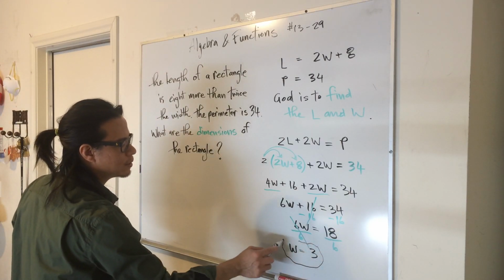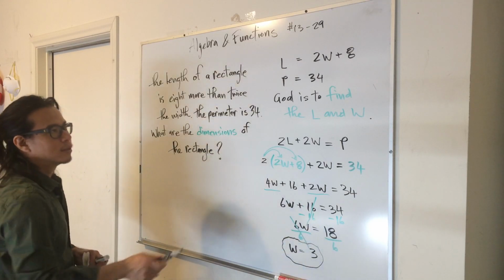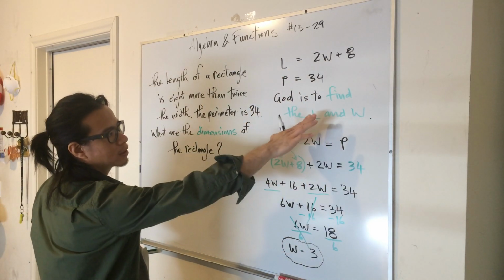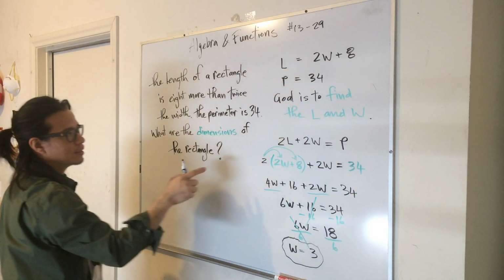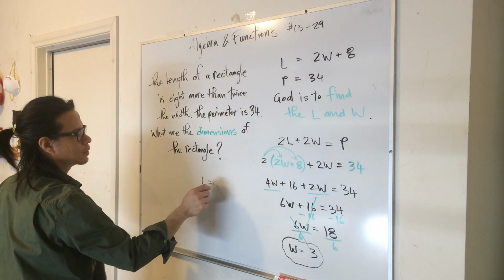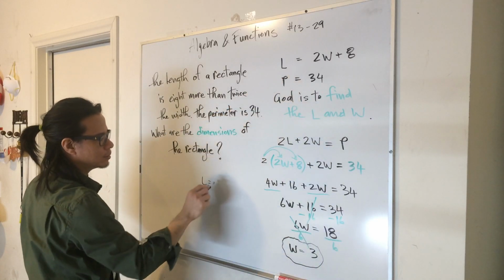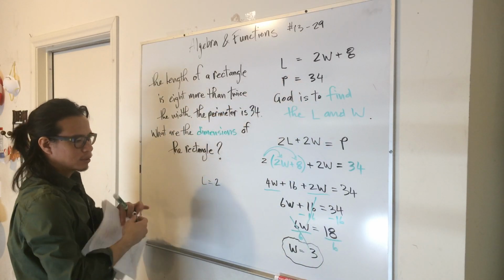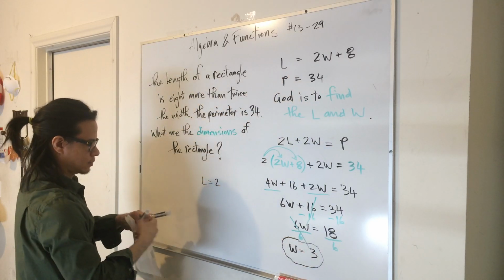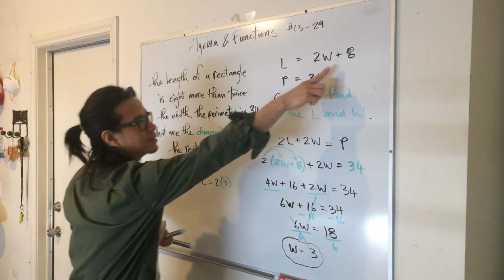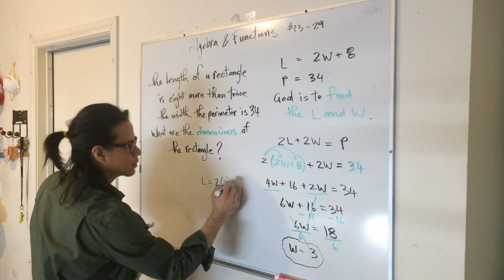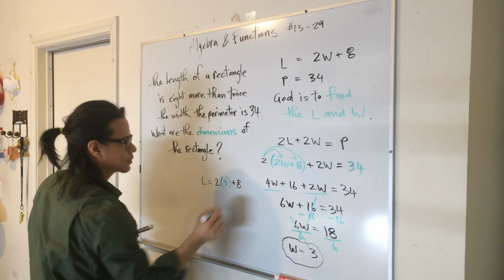We're already halfway there. So now, remember our goal was to find the length and the width. Okay, so length is equal to 2 times W, which is 2 times 3 plus 8.